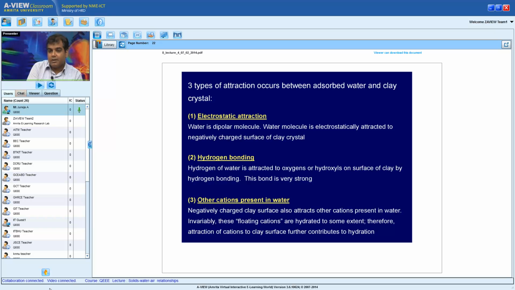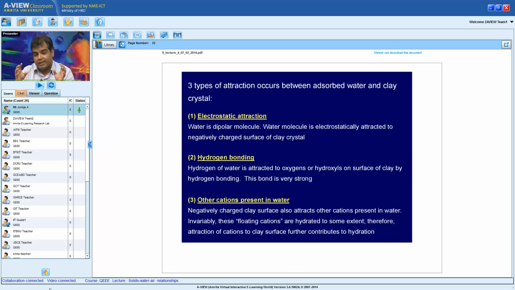In order to understand this, we should be aware that water is dipolar. If you look at a water molecule, it's H2O, 2 hydrogen and 1 oxygen, or H and OH. So H is positive, OH negative, and water is, we call it, dipolar, meaning overall the molecule is neutral because H and OH balance out, but they are skewed towards the far ends of the molecule, meaning H is at one end, OH is at the other end.